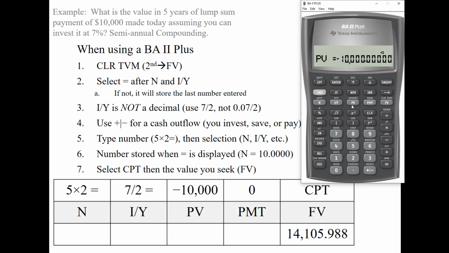Our payment is 0 because there's not an annuity associated with this problem. And we're going to compute our future value, so I'll hit CPT FV. And here we'll see we have a future value of $14,105 and about 99 cents.